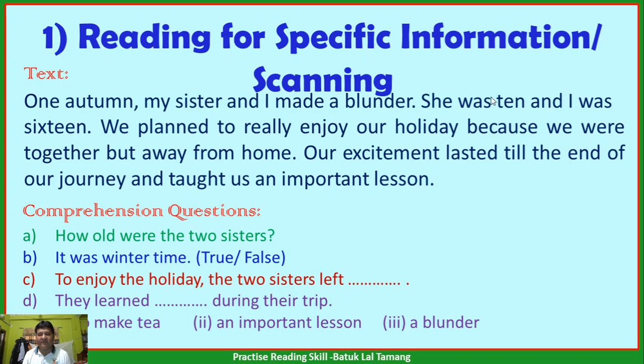Exact word can be found in the text. And it is very easy to scan such kind of specific information. That's why you can give the answer in this way: one sister was 10 years old and the other sister was 16 years old. In this way, you can give the answer using this specific information given in the text.